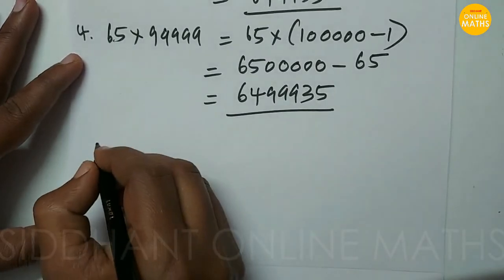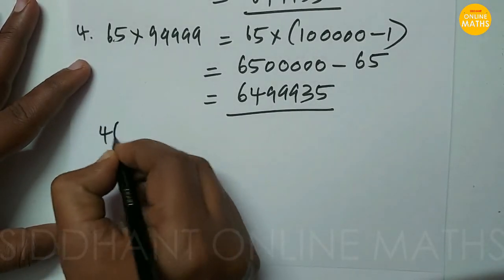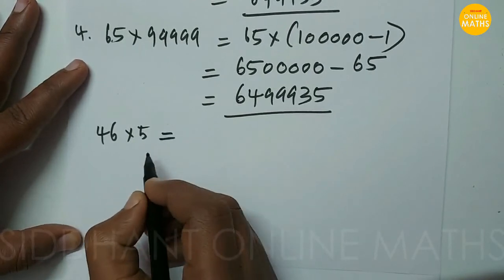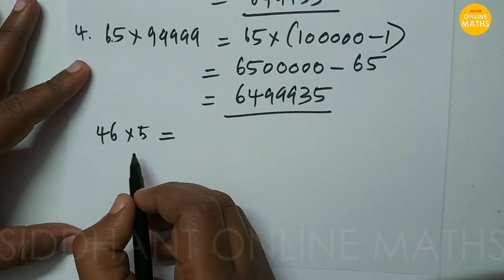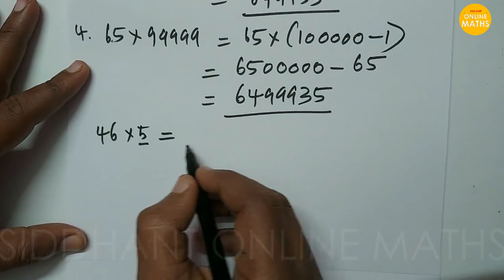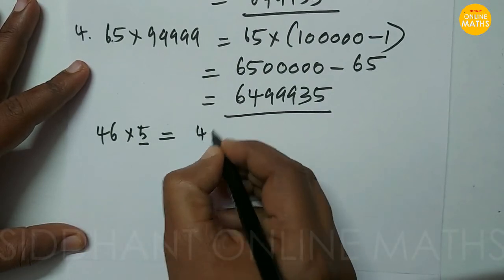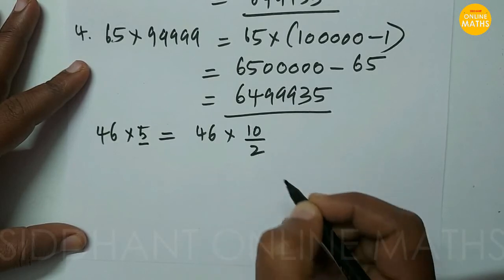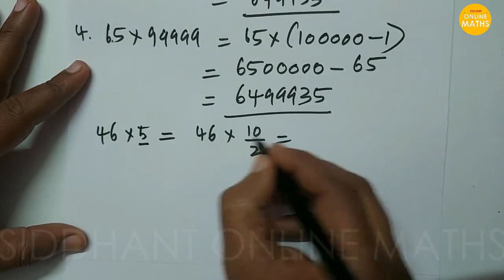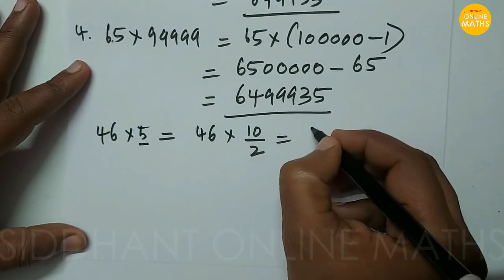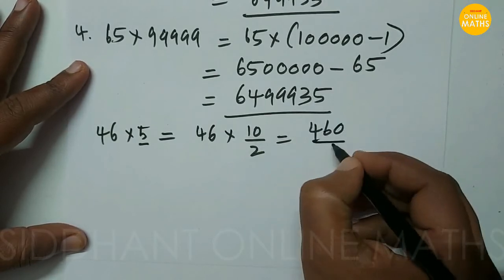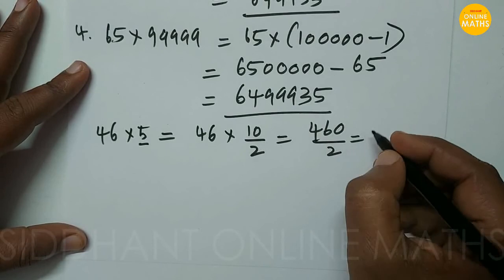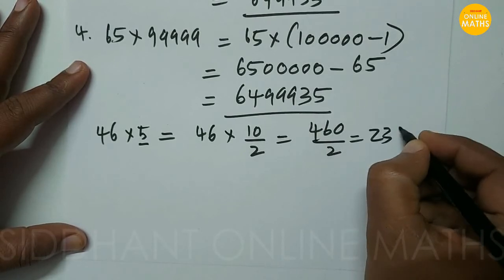So in the example they have taken 46 here into 5 and we want to multiply this. So here the 5 can be written as 10 by 2. So here 46 into 10 by 2 here, and you see multiplying with 0 it is easy. So 460 by 2 and dividing with 2 also it will be easy for us. So that will be 230 here.